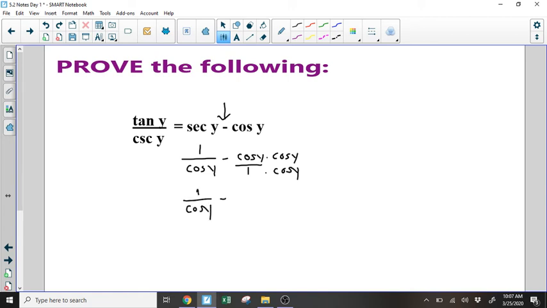Just be cautious, we're not going too many steps at one time. So I can add the numerator to be 1 minus cosine squared.